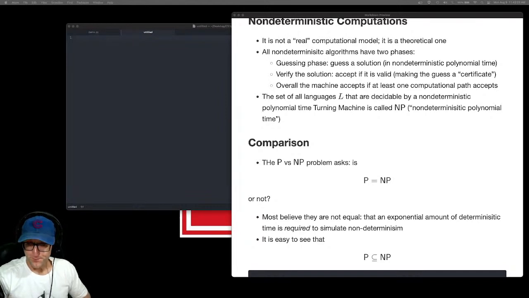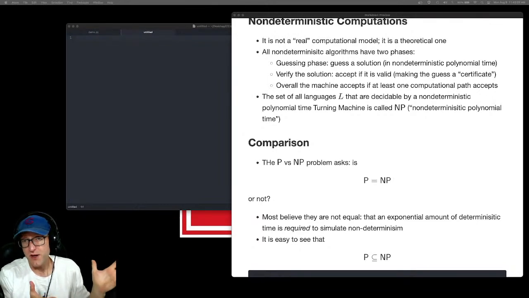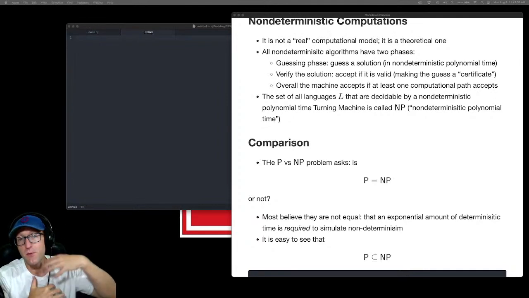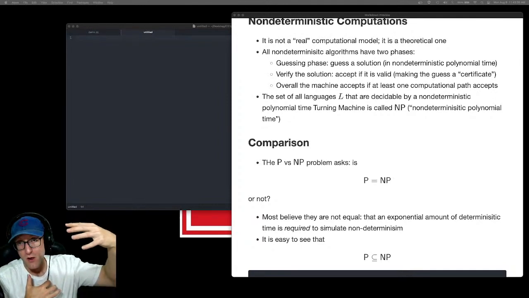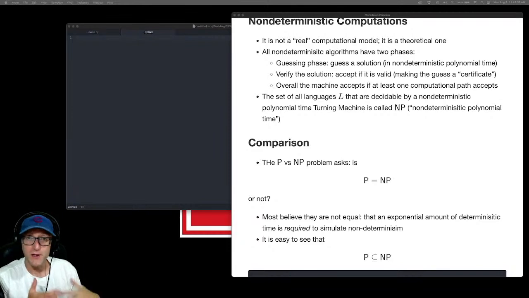Why? Well, if a problem is in P, then it's certainly in NP, because you don't use any non-determinism. Non-determinism seems to be a little bit more powerful, but we don't know the other way around. Is NP contained in P? That would imply that P is equal to NP. Most people don't think that.